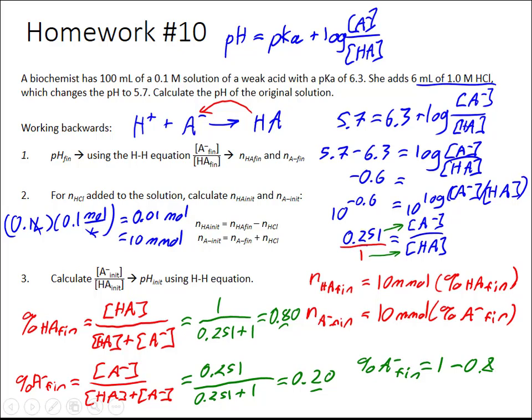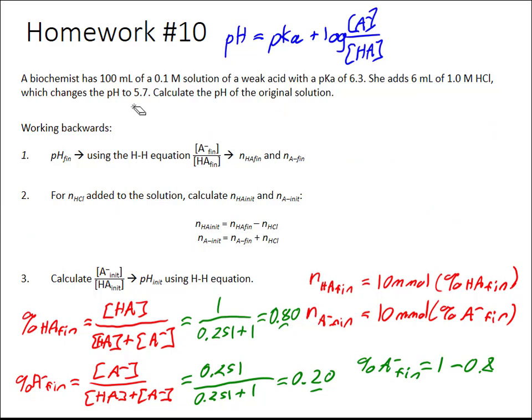So now we know these terms. We can now solve and find that the amount of HA final is equal to 10 millimoles times 80% or 0.8, and that equals 8 millimoles.